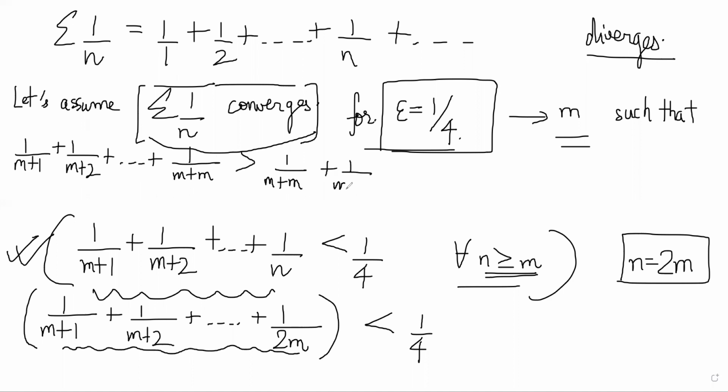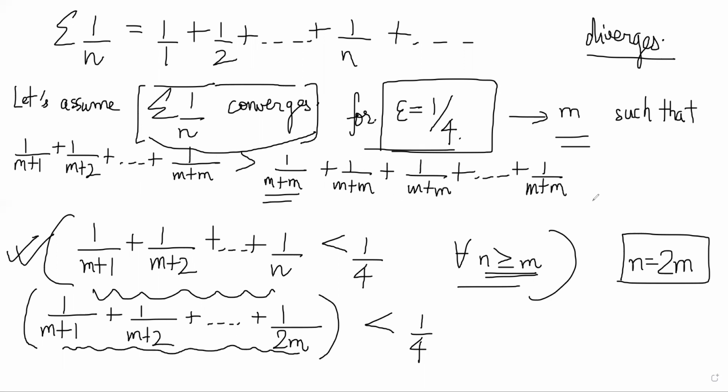Basically, every term you can replace with this, and it will be greater. So this is 1 by 2m, 1 by 2m.